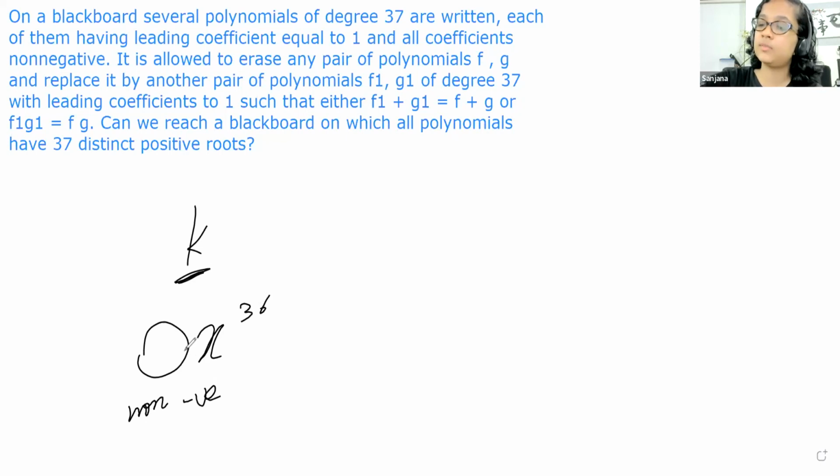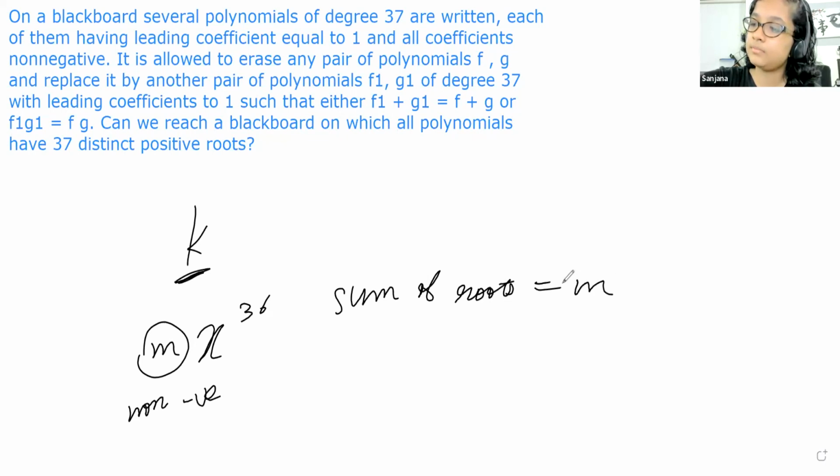If this coefficient is non-negative, by Vieta's relations, the sum of the roots, call the coefficient m, is equal to minus m. But if all the roots are positive, then all of these m's will be negative. That's why it's not possible.